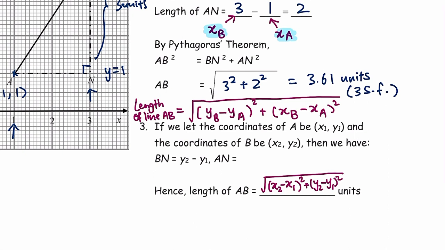But let me explain a little bit why I have used B and A earlier on as my subscript under the x and y, but now I've changed to 2 and 1, because usually for coordinate geometry questions, we are not just limited to point A and B. We could have point P and Q, M and N, J and K, and so on and so forth. So it will be a bit confusing if we use a subscript A and B. So therefore, we just do a little bit of adjustment.